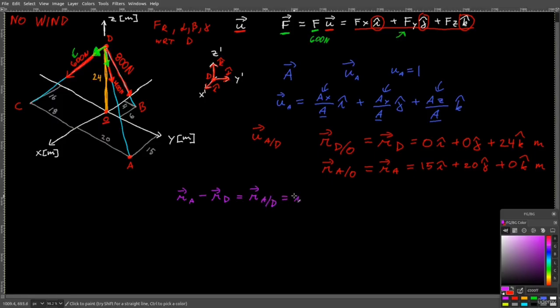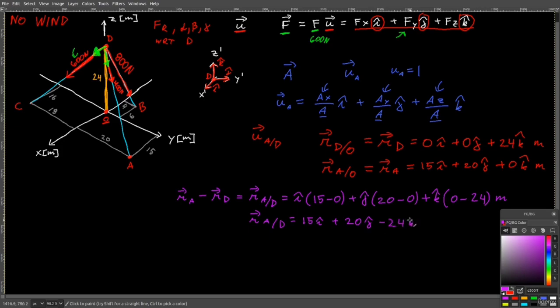And that will be i times 15 minus 0 plus j times 20 minus 0 plus k times 0 minus 24 meters. So RA with respect to D equals 15i plus 20j minus 24k meters.